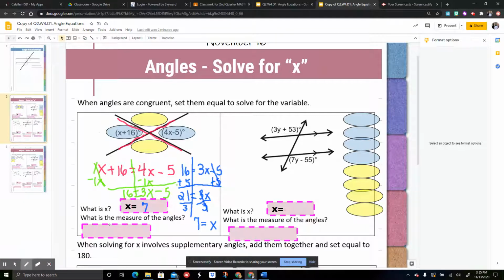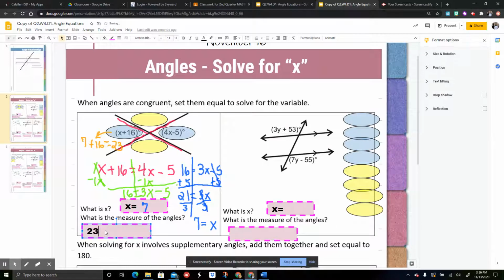So we know x is 7. Well, if x is 7, then this becomes 7 plus 16. And 7 plus 16 is 23. So right here, the angles are 23 degrees.